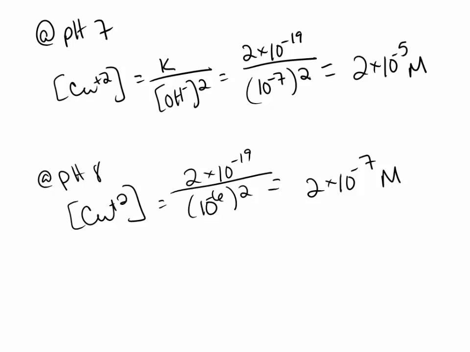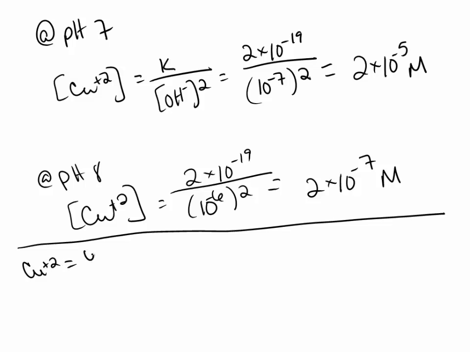Now, it may be easier for you to consider the concentrations in terms of milligrams per liter instead of moles per liter. It's a simple conversion using the molecular weight of copper, or the atomic mass of copper, which is equal to 63.5 grams per mole.